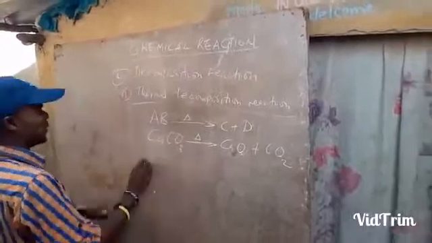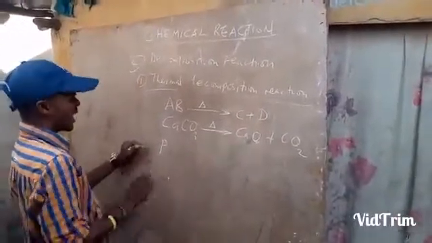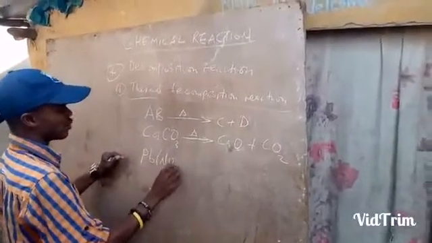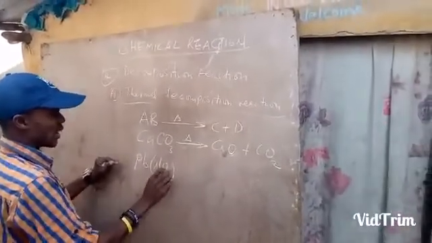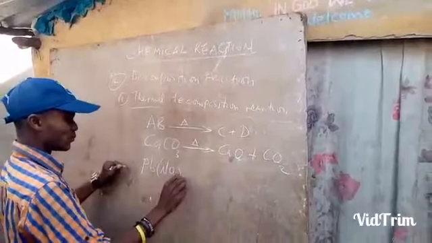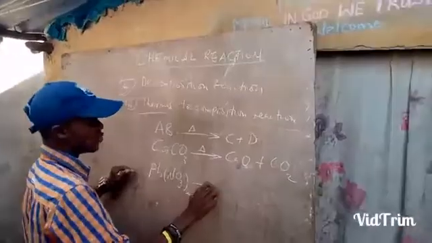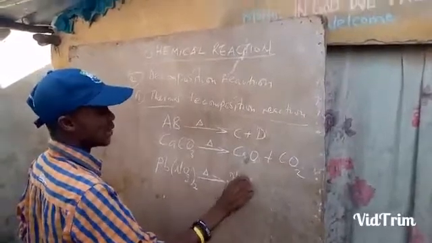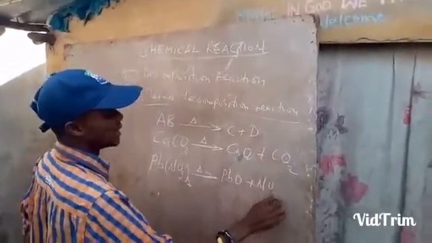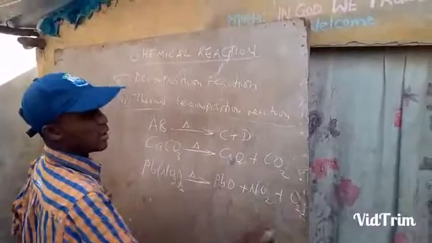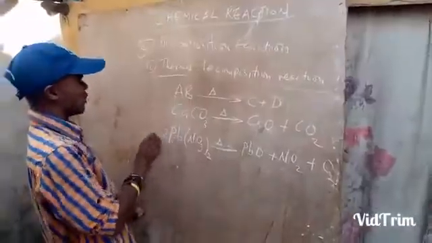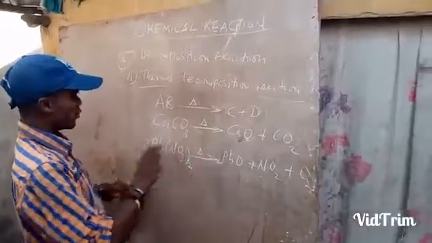Second example, we can also write lead(II) nitrate, Pb(NO3)2. When you apply heat on this compound, the compound breaks to produce lead oxide plus nitrogen(IV) oxide plus oxygen. Now when we want to balance the reaction, you put 2 in front of this, 2 for 2 leads.